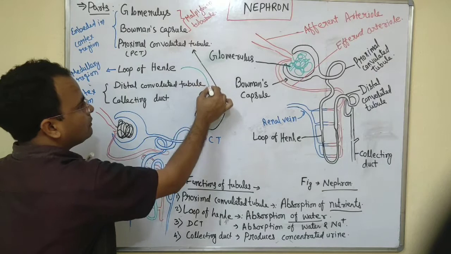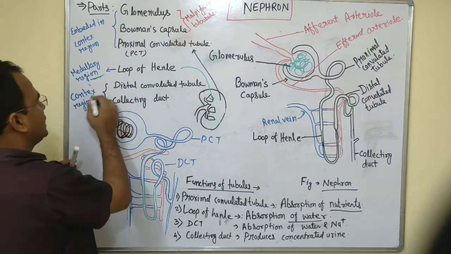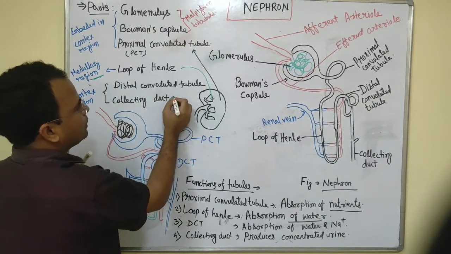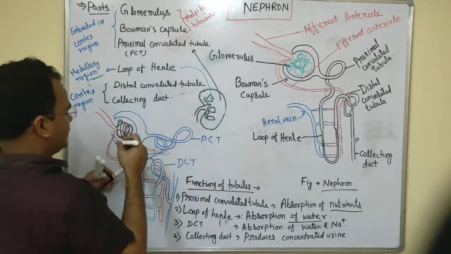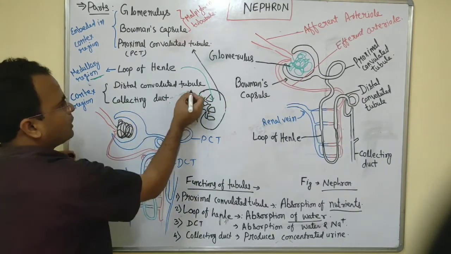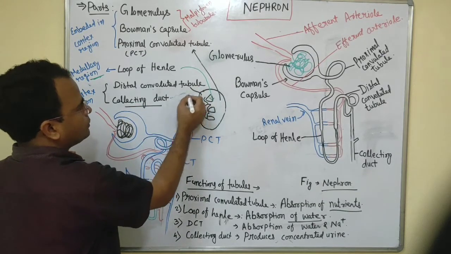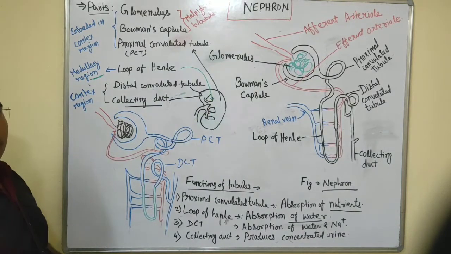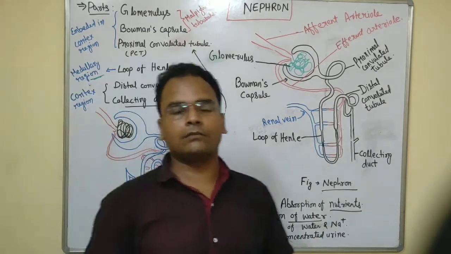The loop of Henle will be present in the medullary region, and again in the cortex region, the distal convoluted tubule will be present. The collecting duct and distal convoluted tubule both will be present in the cortex region of the kidney. So this is all about the structure and function of the kidney.